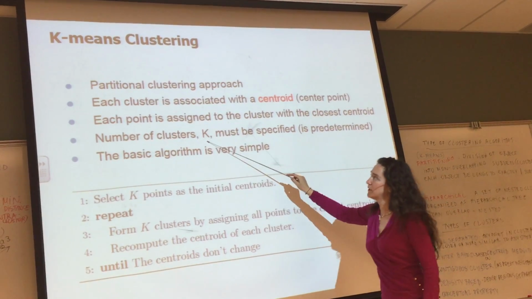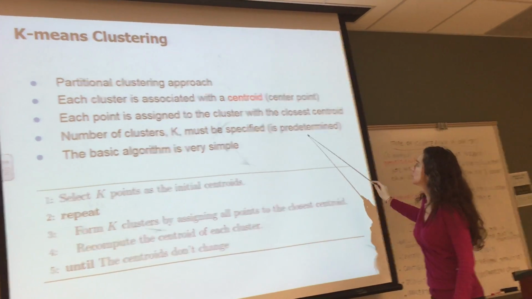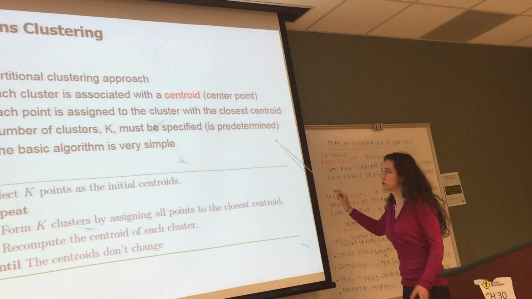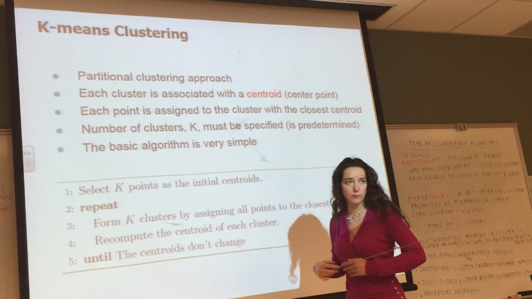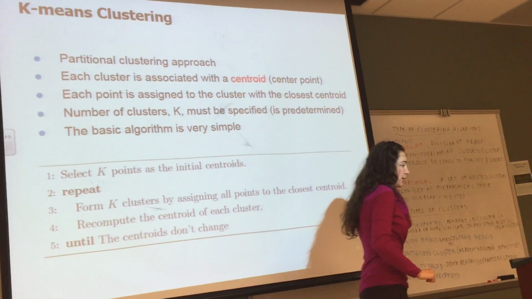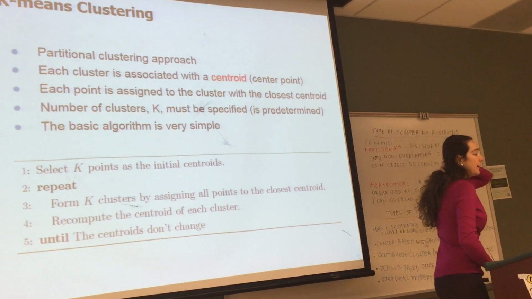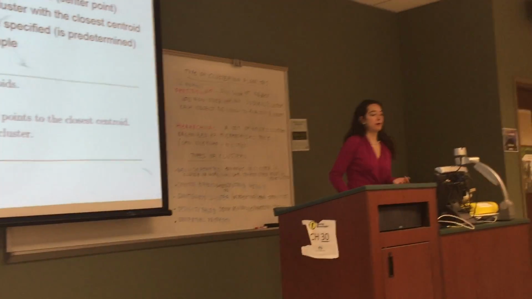So the number of clusters is K, and this is specified by the user or it's predetermined. In other words, before we start this algorithm, we need to know the number of clusters K, and we can ask the user, how many clusters do you want to have? Let's say they answer, I want to have 3.